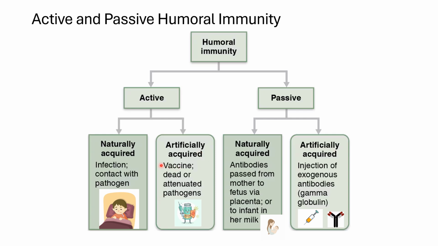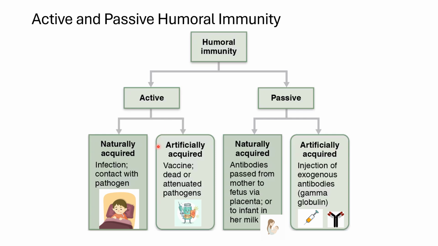So the vaccine either contains the dead organism, which is able to produce a response because the pathogen's structure is present, or it contains attenuated pathogens. There is some risk with attenuated pathogens that sometimes they can become alive. Poliovirus, for example, also comes in attenuated form, and sometimes those pathogens can become active.